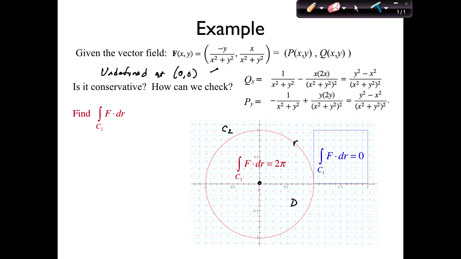What's the rest of it? Yeah, so we need another little path. And which way is that going to go? Clockwise. We need another little path, and it's infinitesimally small, right? So we'll call that C3.